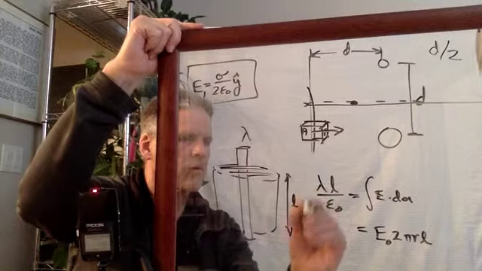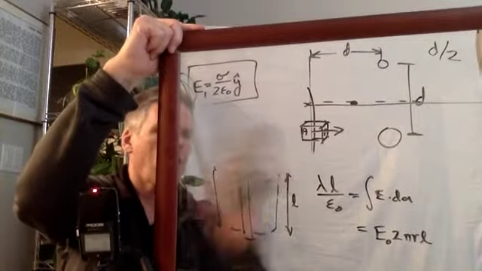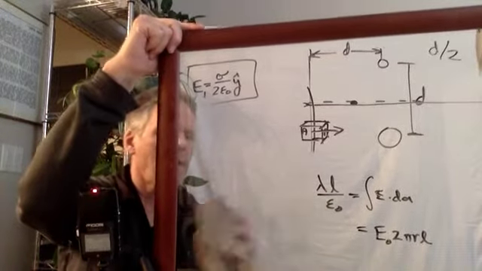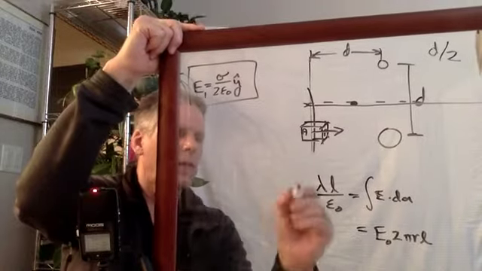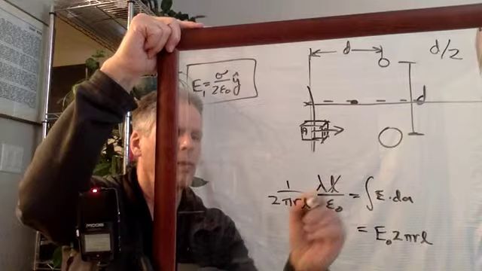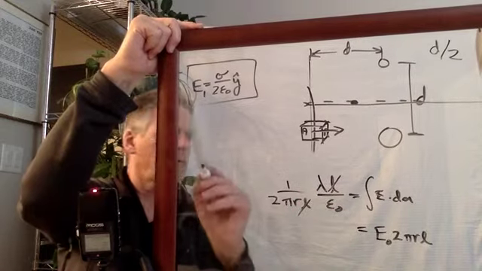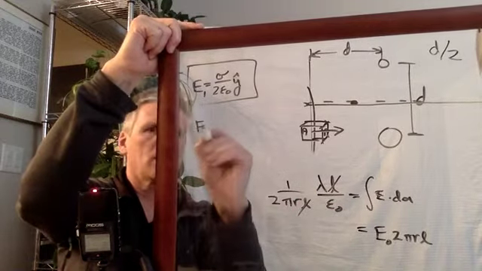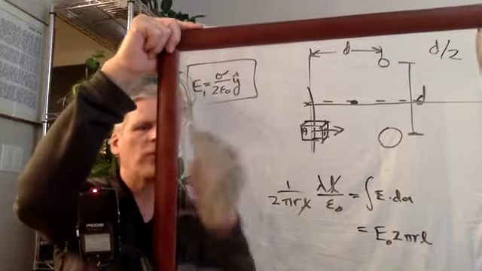It's this divided by 2 pi RL, L's cancel, and I have E, oh, actually there's one more step.